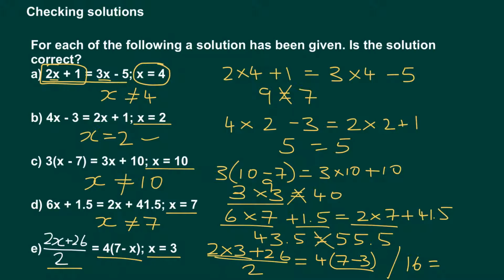Then we have 7 minus 3 is equal to 4, and 4 times 4 gives us 16. There you go. So the left-hand side is now equaling the right-hand side. So that tells me that x = 3 is indeed the correct answer for this particular equation.